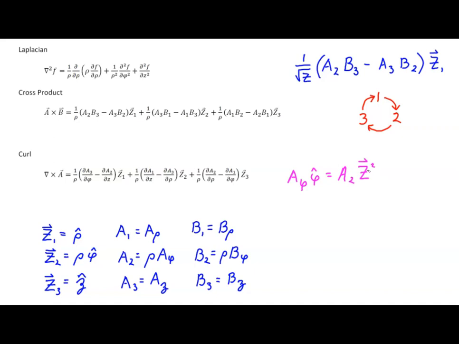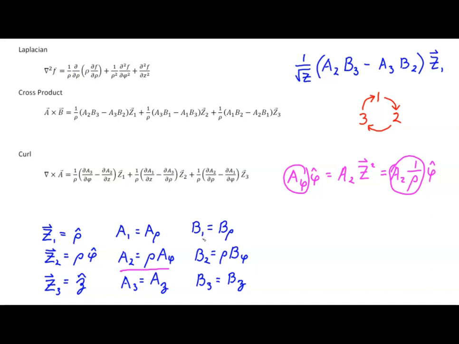Well, basis vector 2 has a magnitude of 1 over rho. The covariant basis vector has a magnitude of rho, but this one has a magnitude of 1 over rho. So we can express it this way, A2 times 1 over rho times phi hat. Z2 equates to 1 over rho times phi hat.